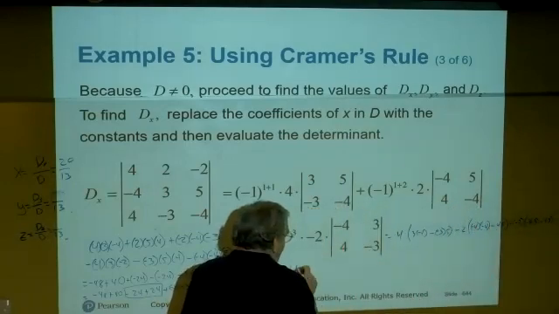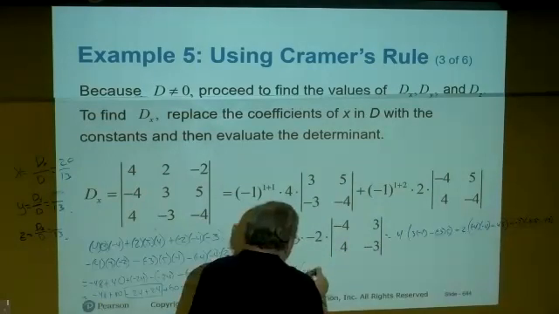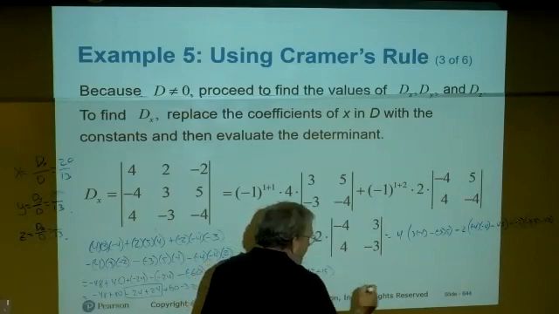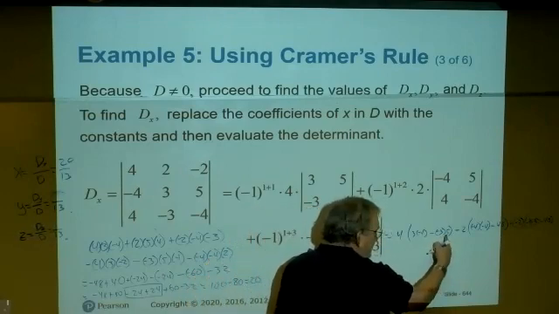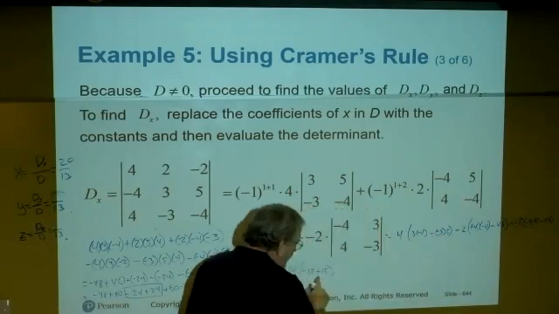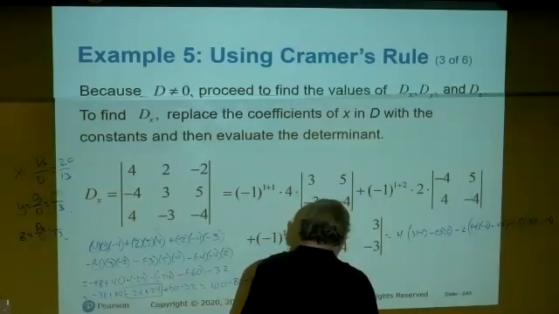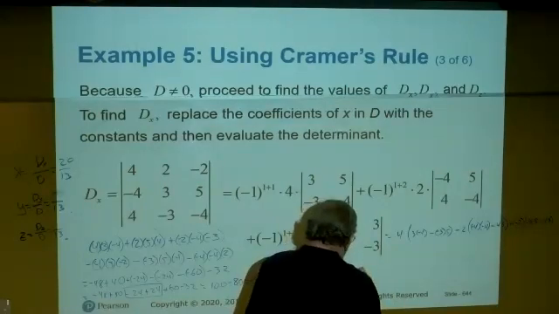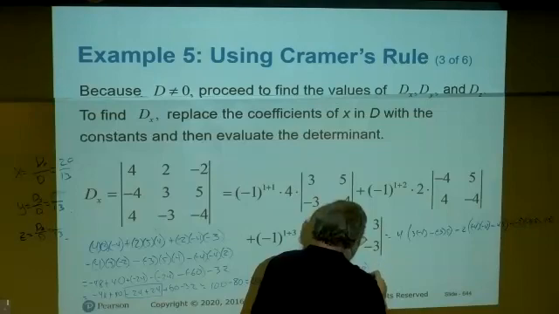Now I get 4 times negative 12 plus 15, because a negative 3 times 5 is negative 15, minus the negative 15 is plus 15, minus 2 times negative 4 times negative 4 is a positive 16, minus 20.